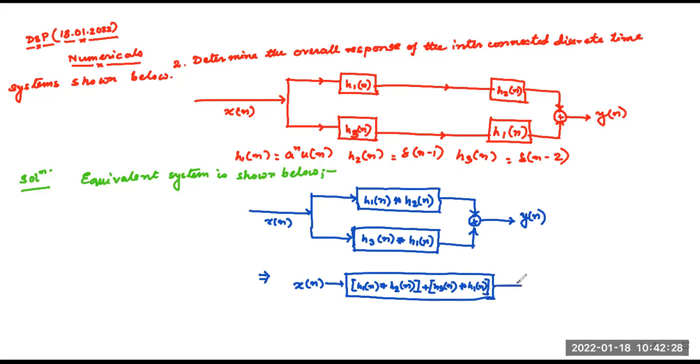That gives you y of n. So that is also simplified as x of n going to h of n, which gives y of n. So this is the equivalent system, not circuit diagram, equivalent system.